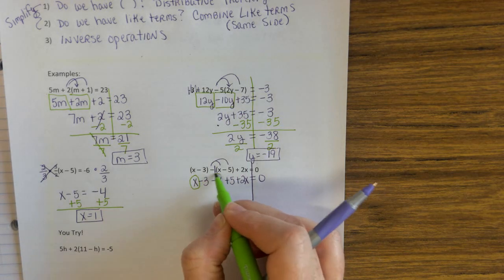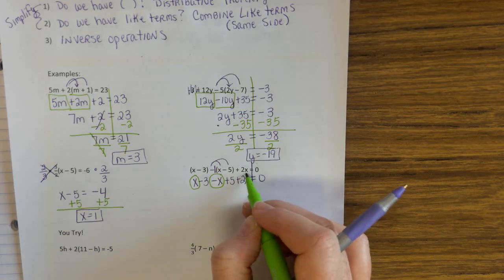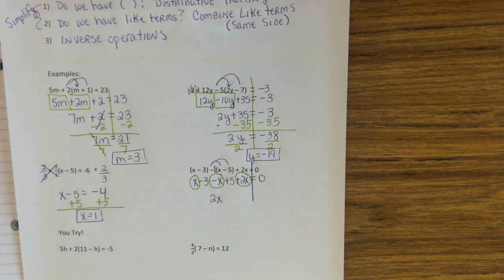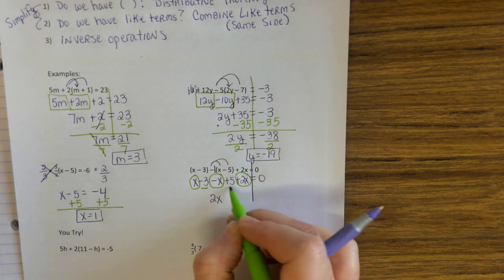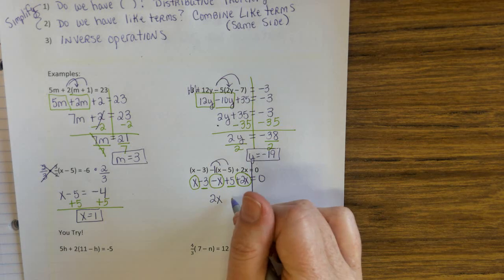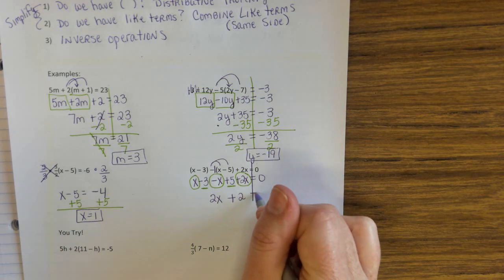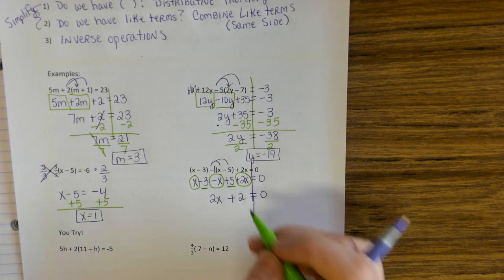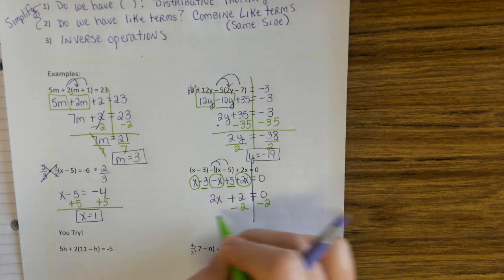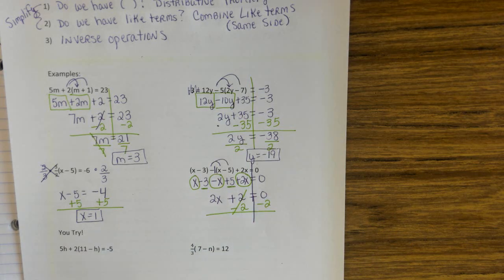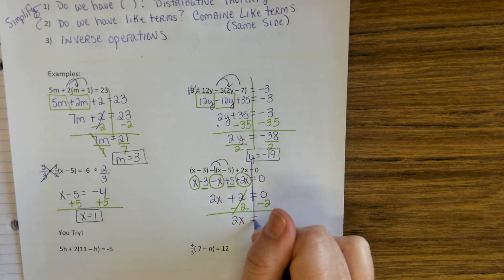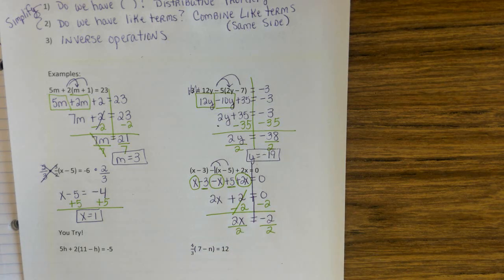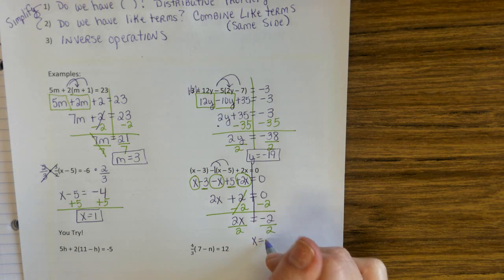I have x minus x, which is 0, plus 2x would be 2x. I also have negative 3 plus 5, which is 2. And now I'm into a nice, pretty simplified equation. So minus 2 from both sides. 2x equals negative 2. Divide by 2, and x equals negative 1.